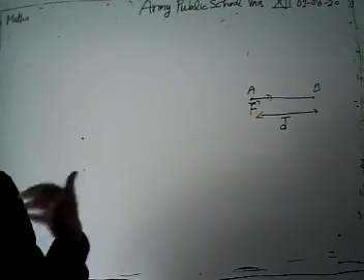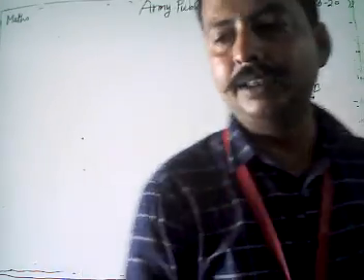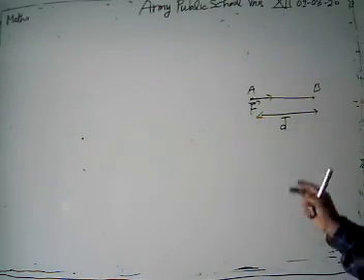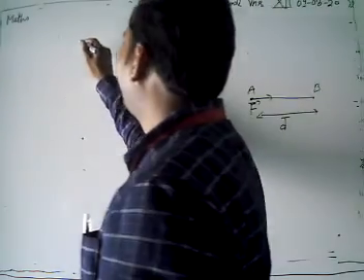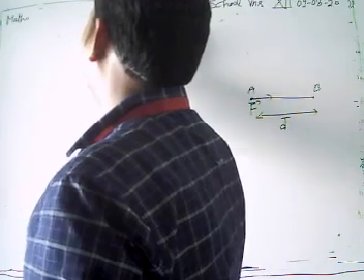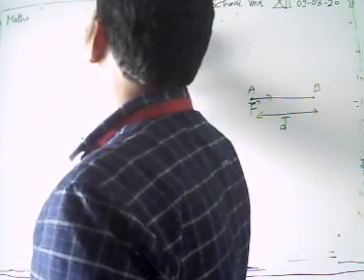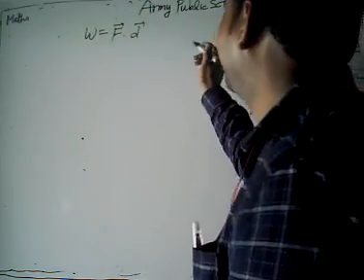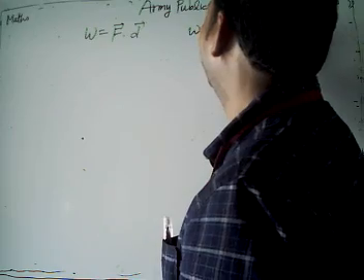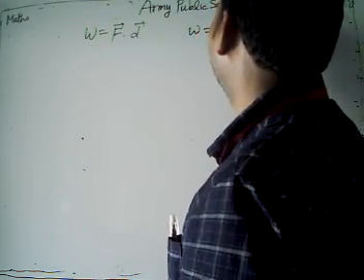Then our work done is defined as the product of the magnitude of force and displacement. How can we define our work done? It is defined by the magnitude of force into the displacement. If there is any angle between the force and the displacement, then our work done is given by magnitude of vector F into D into cos theta.